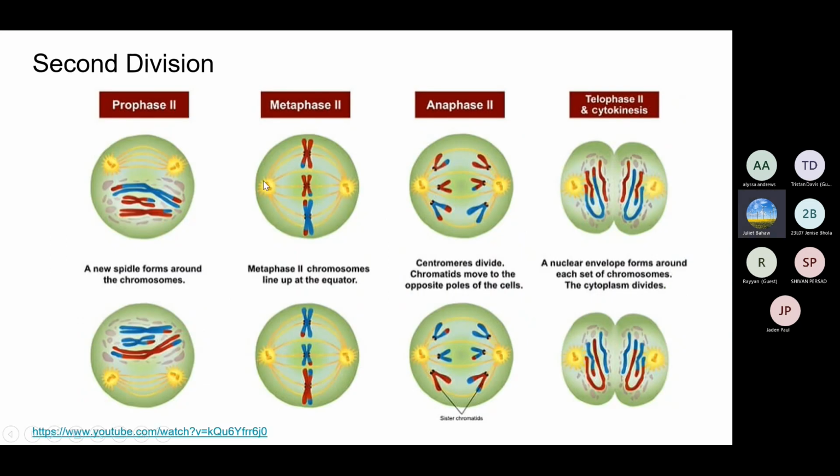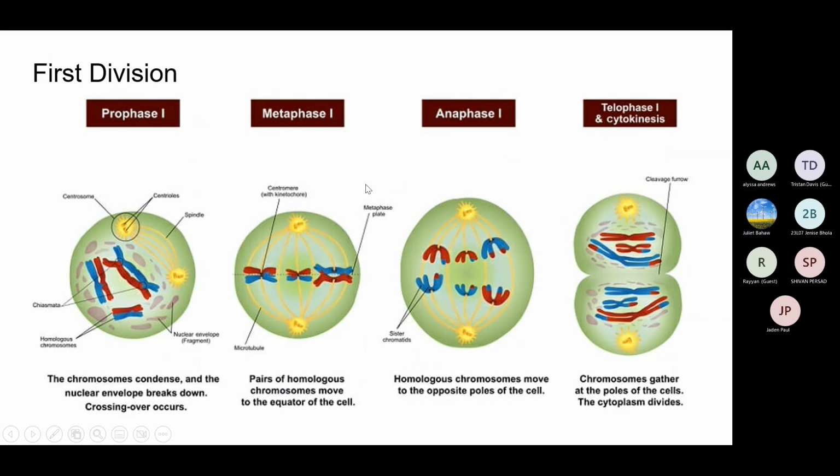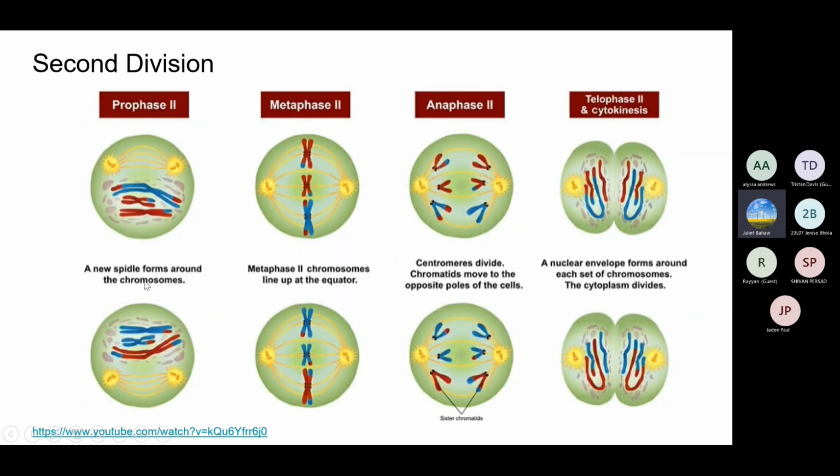Second division, those 2 cells that you get from part 1 are now going to undergo the same process. So again, prophase 2, the chromosomes are already in that condensed shape.